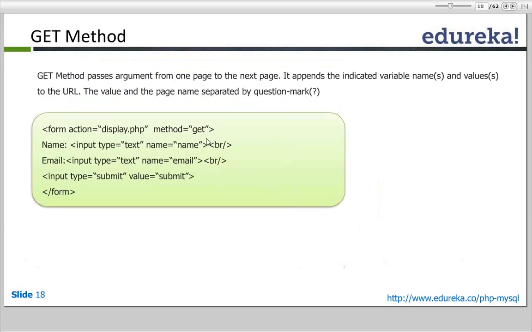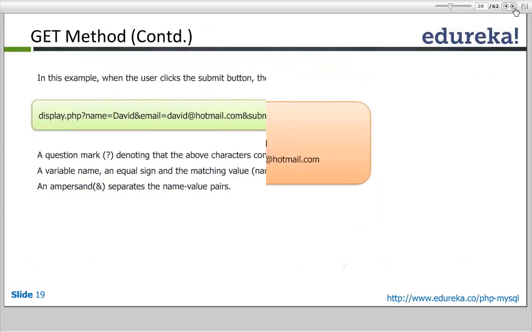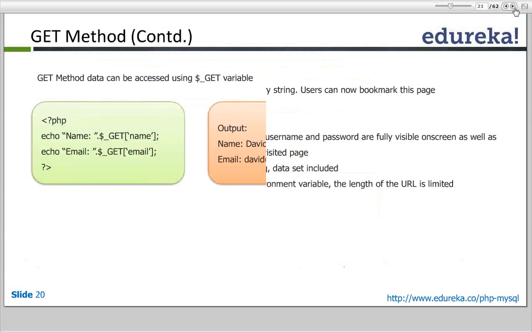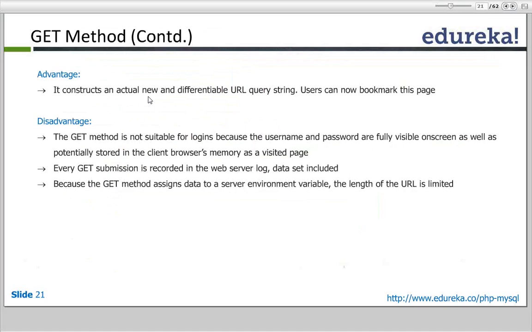I've already explained the get method, that if I use get, then I will get everything inside the query string as displayed here. If it is post, then nothing will get printed. Here you can see the advantage and disadvantage of get.